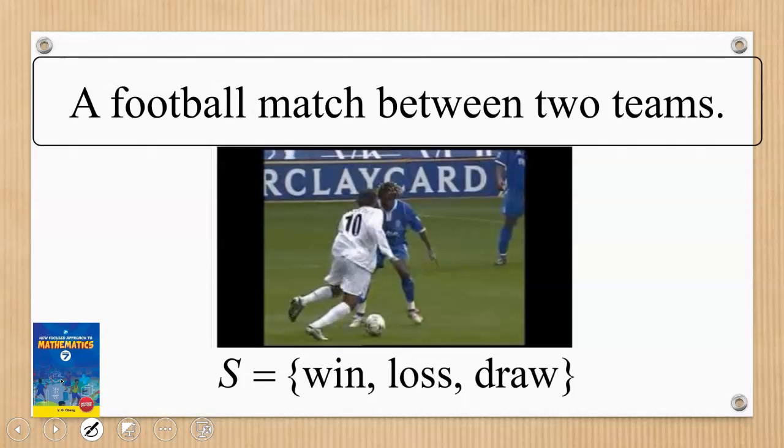Every match that ends, ends with either a win, a lose, or a draw. There's nothing in between, unless the match didn't end. So that becomes our sample space. The number of elements in the sample space, which we normally represent with S, becomes 3. You get it? Good.